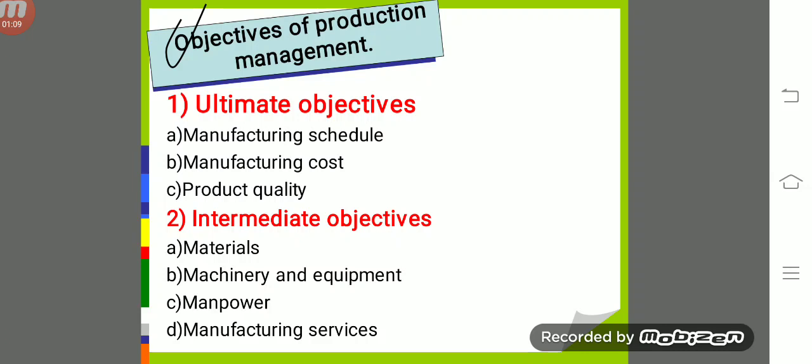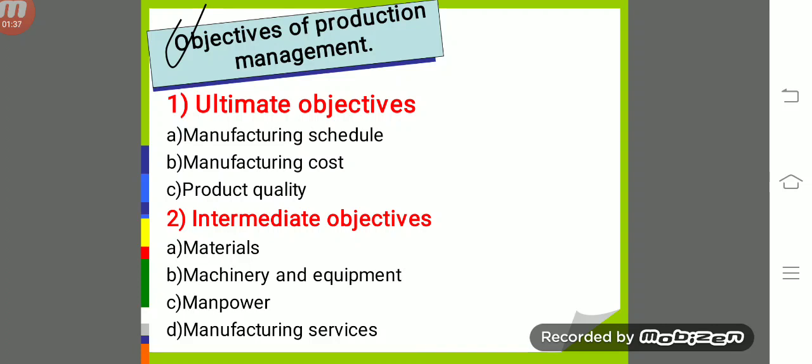In the intermediate objective, which is performed by the production manager, which types of machineries are required in the production department, which machine they have to replace, how to use these machineries, etc. are decided by the production and operation manager.